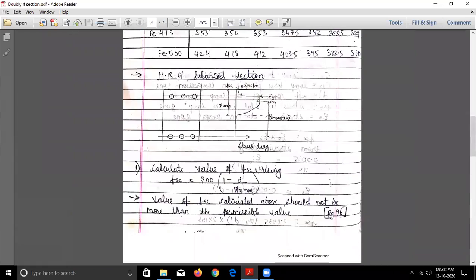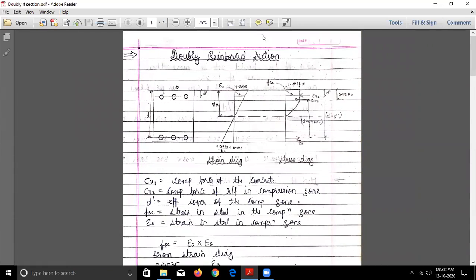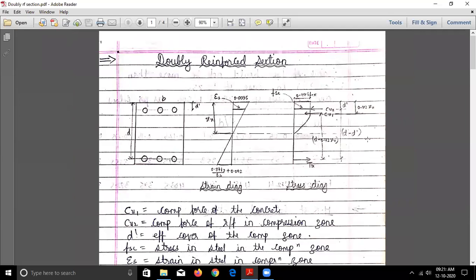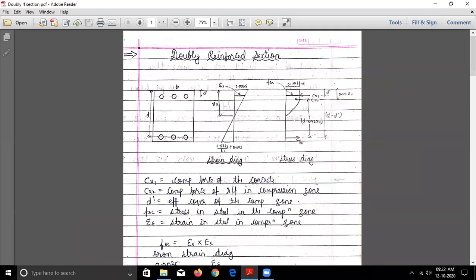Okay. Do you want me to zoom or is this fine? Okay, let me zoom out so that you can get the entire page.